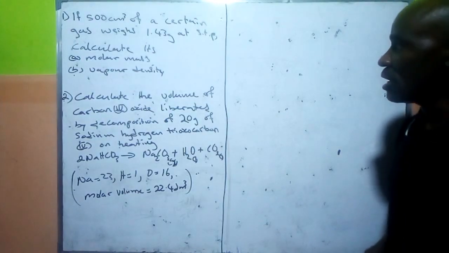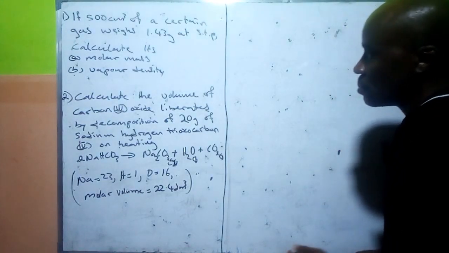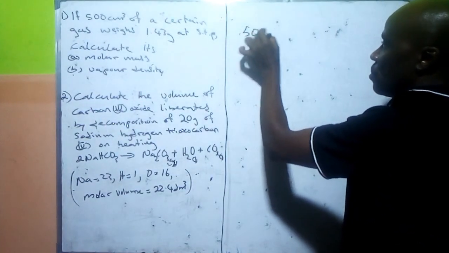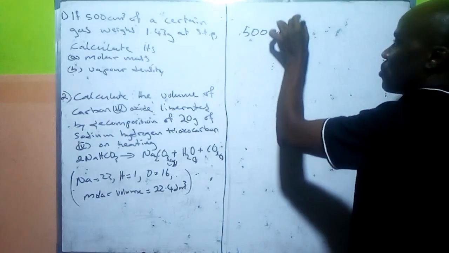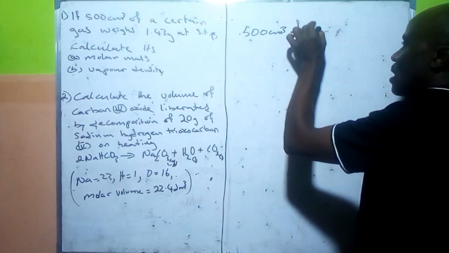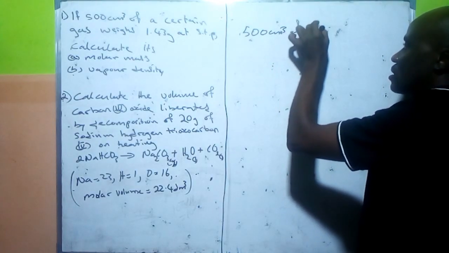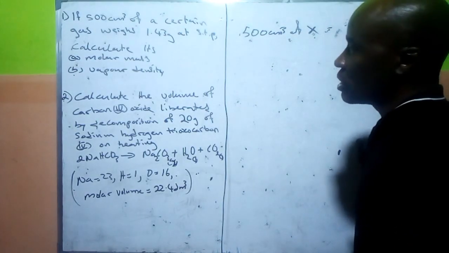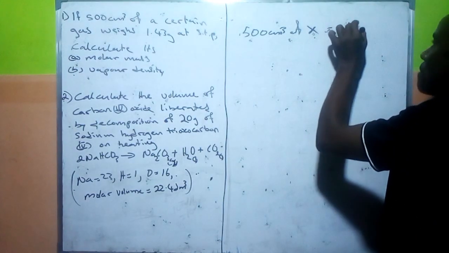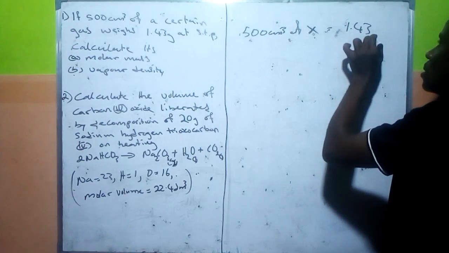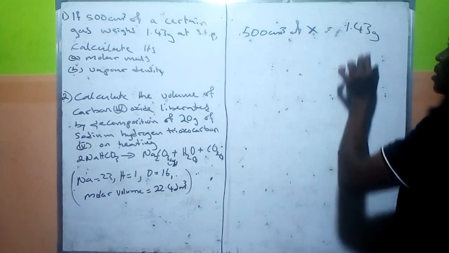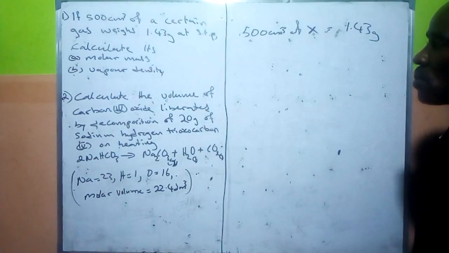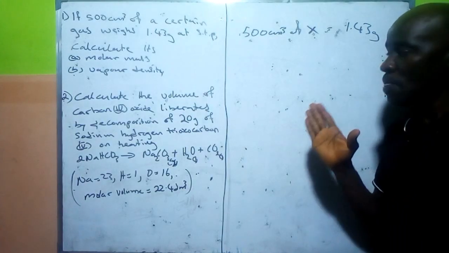The question said that 500 cm cube of a gas, let's call the gas X, has a mass of 1.43 grams. Now, what about that molar volume?